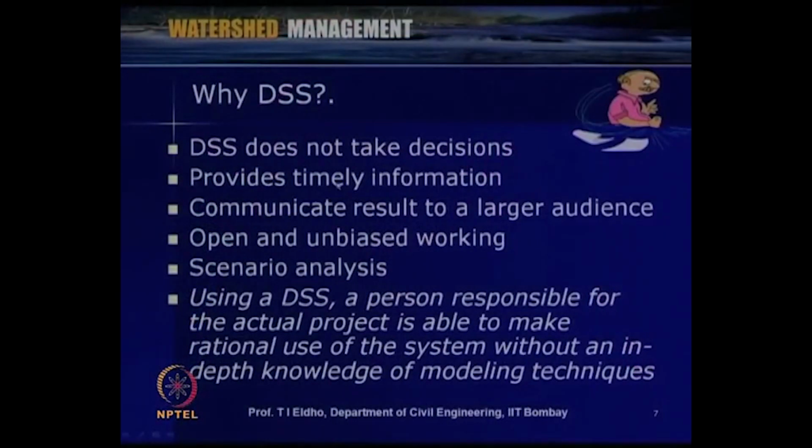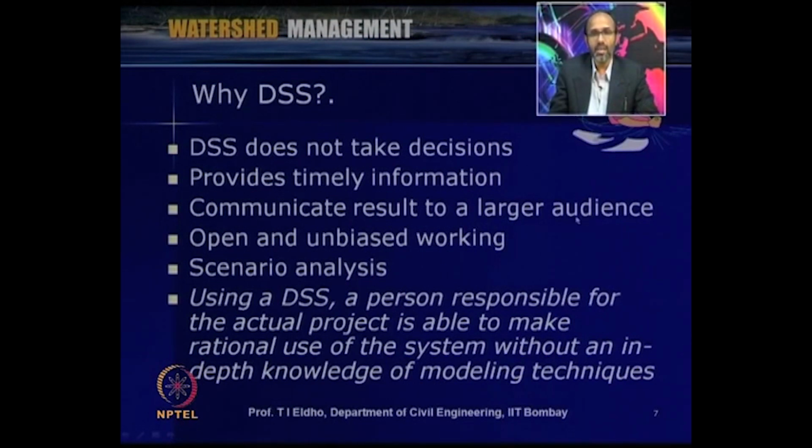DSS as such does not take the decision, the decision maker has to take the decisions, but it provides timely information, communicates results to a larger audience, offers open and unbiased working, and scenario analysis. All these things are possible with the decision support system.